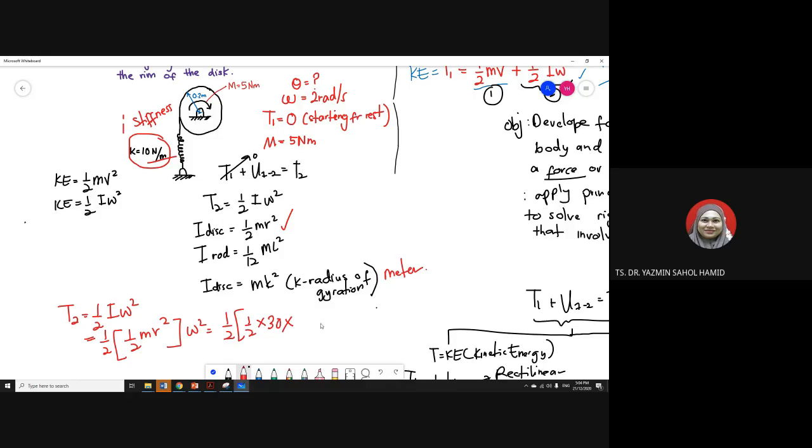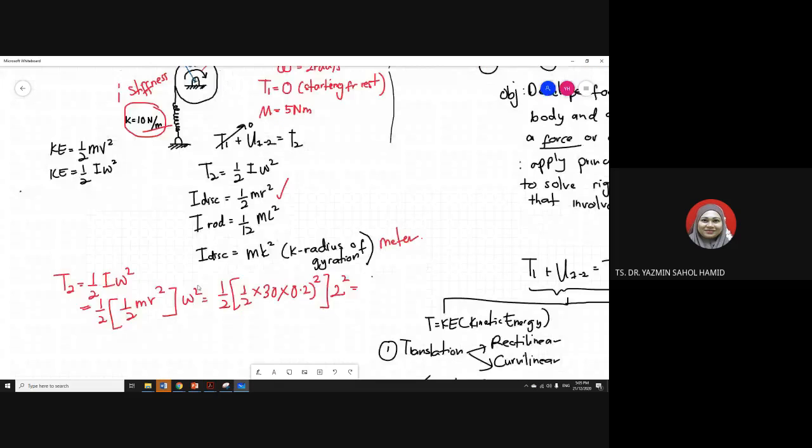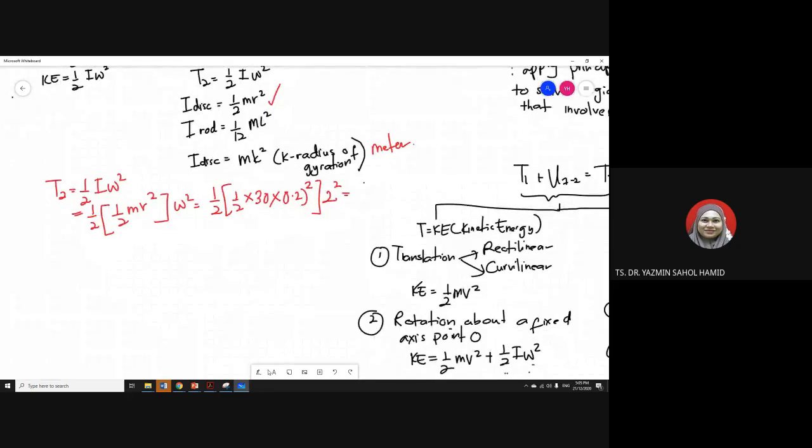What is the radius of the disk? 0.2. Okay, tutup kurungan. What is omega? 2. 2 kuasa 2. So please calculate for me what is kinetic energy? What is the answer that you get?